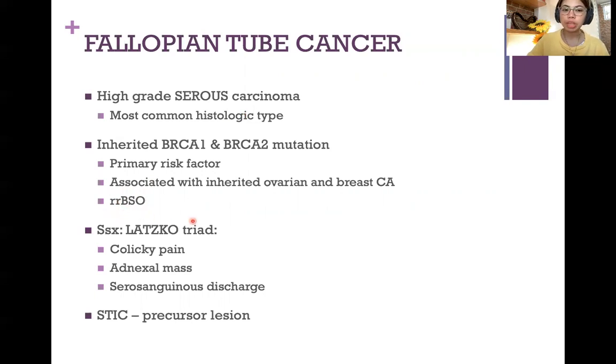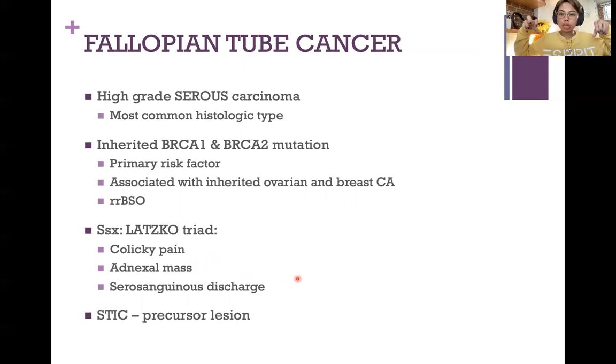So that's why in one of the protective factors, the removal of the tubes is protective for ovarian carcinoma. We mentioned a triad earlier, the Halban's triad for hemorrhagic corpus luteum cyst. Another triad in fallopian tube cancer is the LUTEUM triad. This involves colicky pain, adnexal mass, and serosanguinous discharge. Why is there colicky pain?